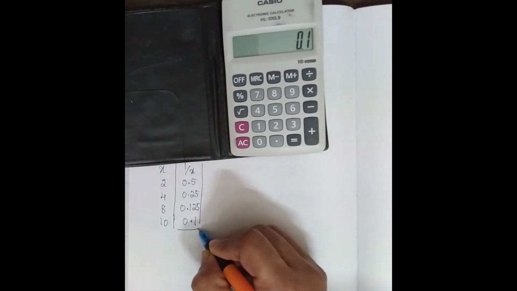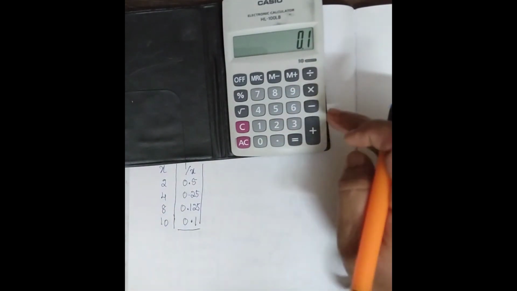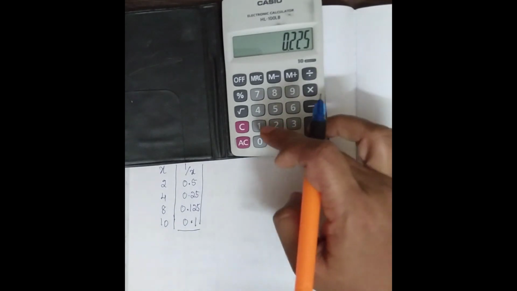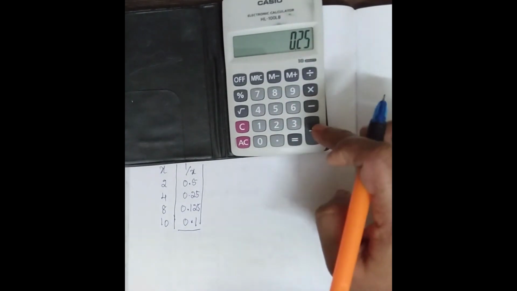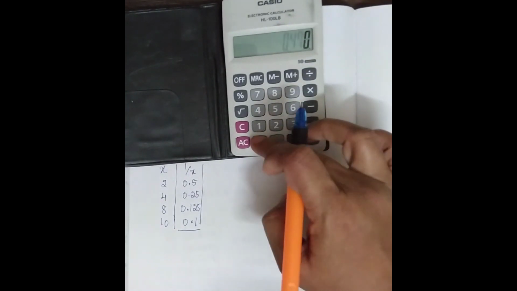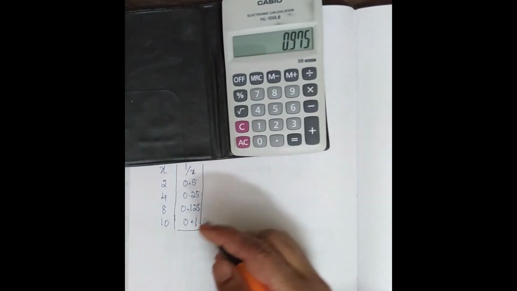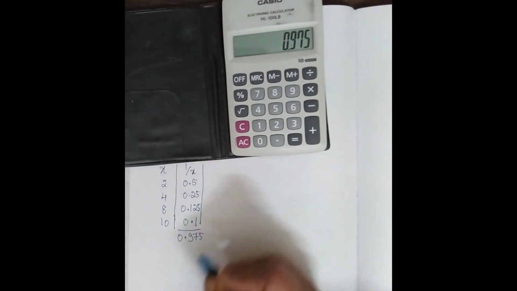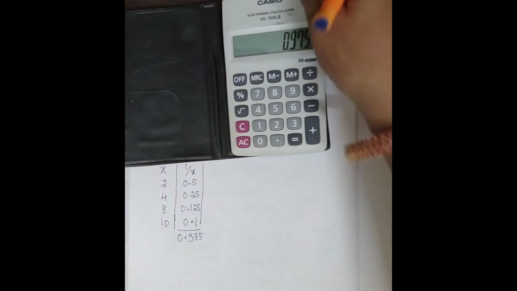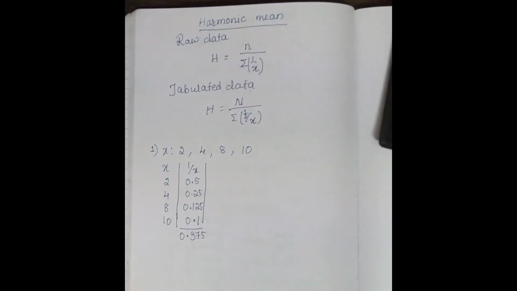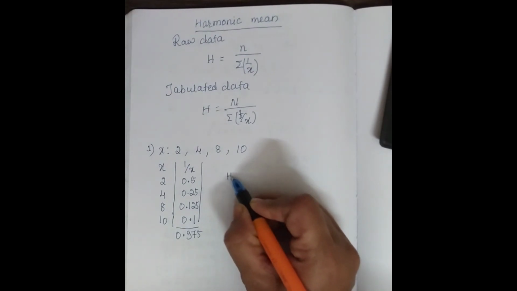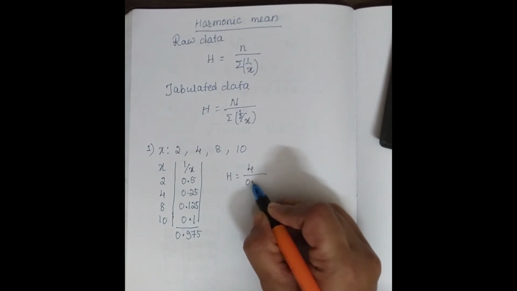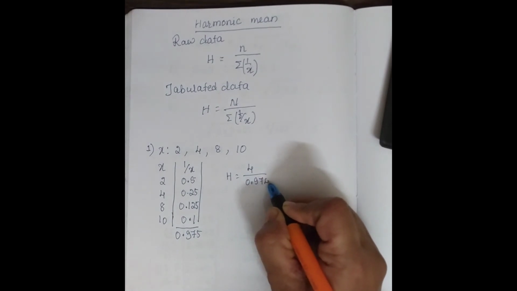Okay, then we add all these values: 0.1 plus 0.125 plus 0.25 plus 0.5. Then we get 0.975 as the total. Then how many values are here? H is equal to n, 4, divided by 0.975.